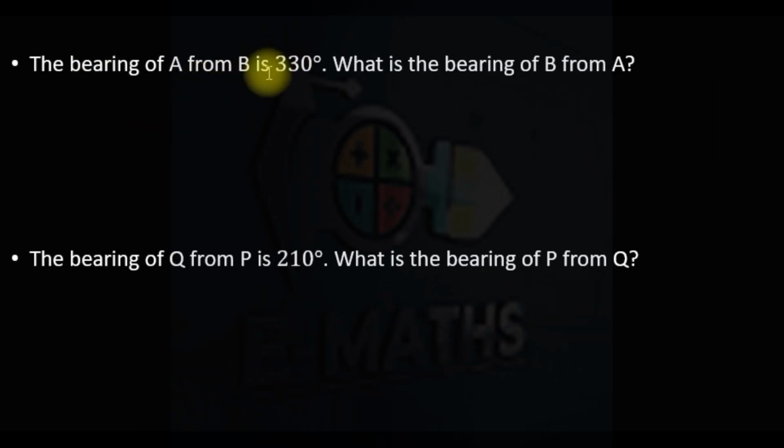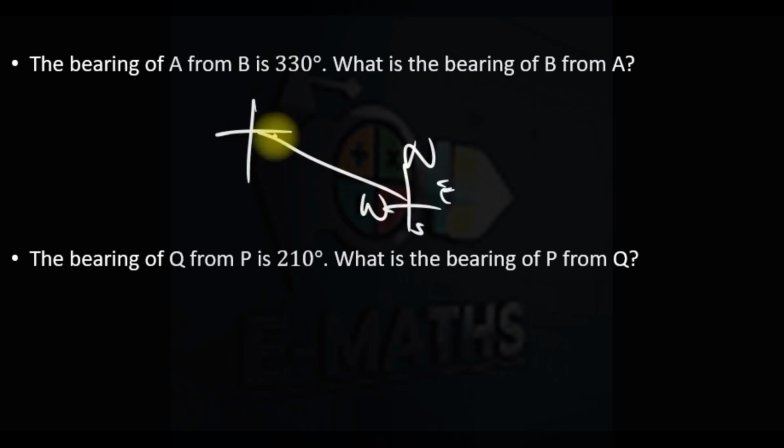Or maybe we are asked, the bearing of A from B is 330, so north, south, east, west. We start from B to A. This is 330. This is 90, 90, 90, 270 plus 60.